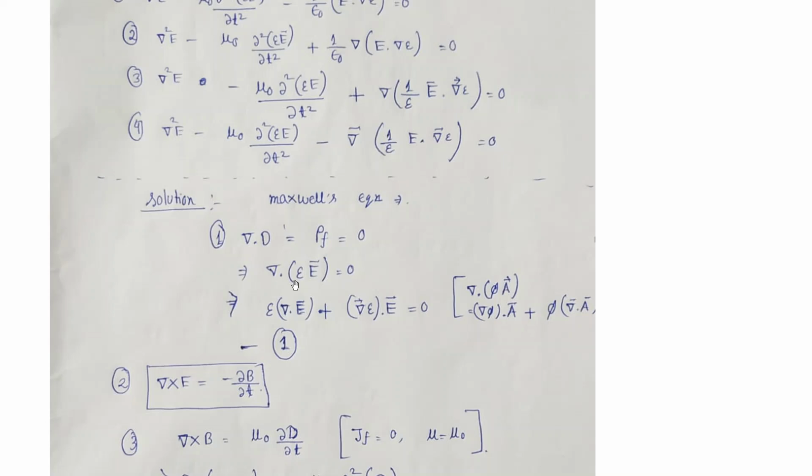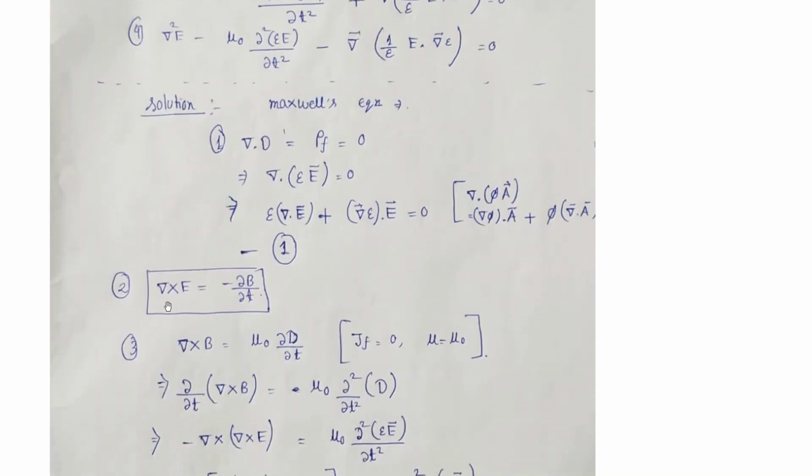So when you have a scalar function and a vector function together inside the bracket of del, that is divergence, you have the formula del dot phi A, where phi is a scalar and A is a vector, equals del phi dot A plus phi del dot A. So I am using the same formula here: epsilon del dot E plus grad epsilon dot E. I say grad epsilon because when the del operator acts on a scalar function, it acts like a gradient. So epsilon del dot E plus grad epsilon dot E is 0. So this is the first equation.